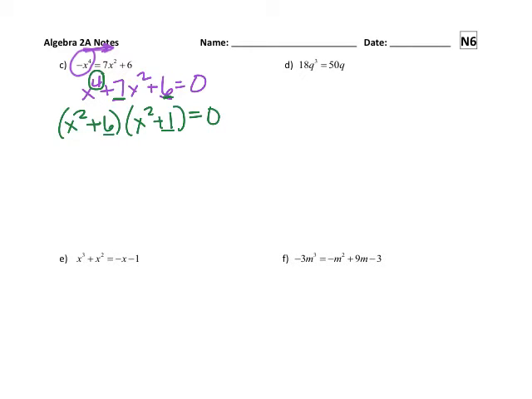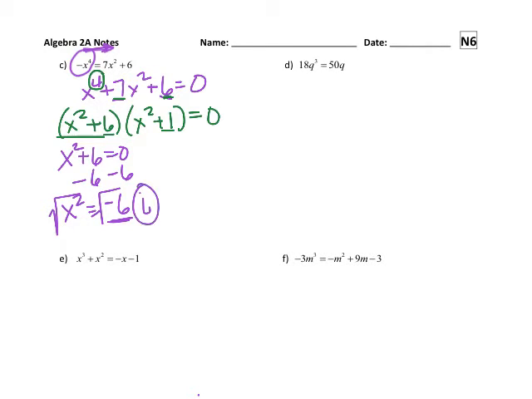Now, if I set each of these binomials equal to 0, so it's going to be x squared plus 6 equals 0. I'm going to subtract 6 on both sides. x squared equals negative 6. If I take the square root, remember that's going to be a negative value, which is going to end up being an imaginary number, so that is not a real solution. Okay, so anytime you have a negative number under that square root, it's going to be not real, and we're only looking for real solutions, not imaginary ones.